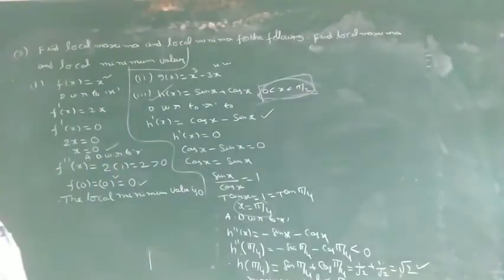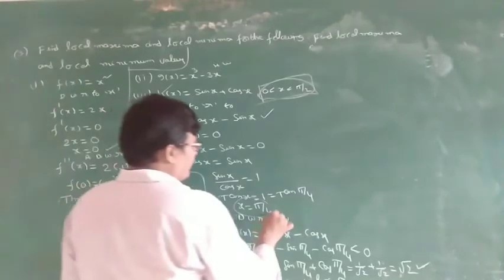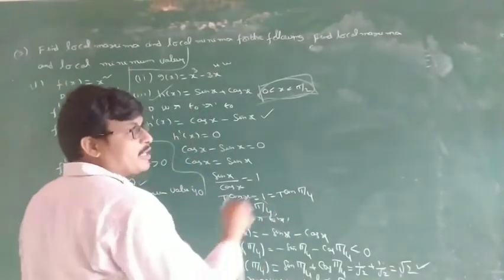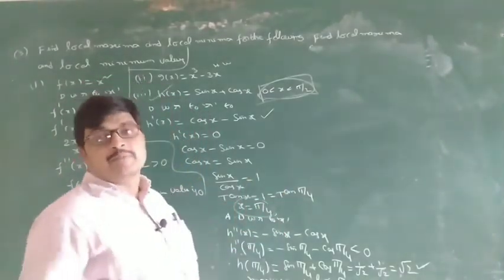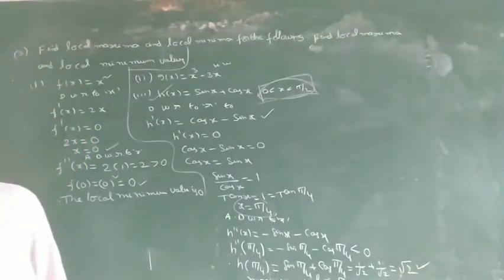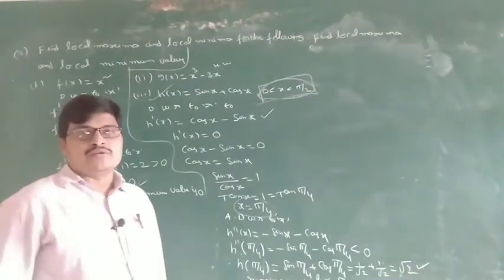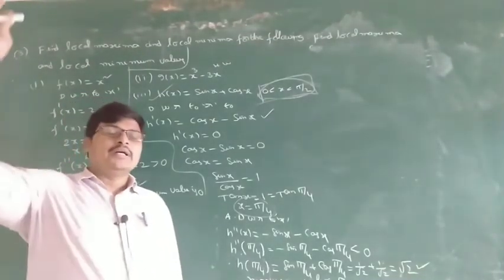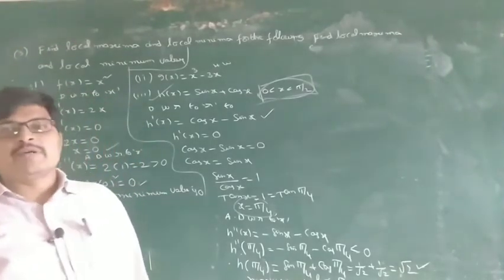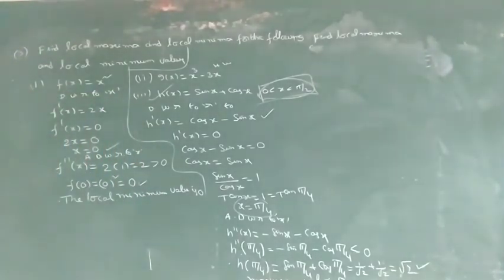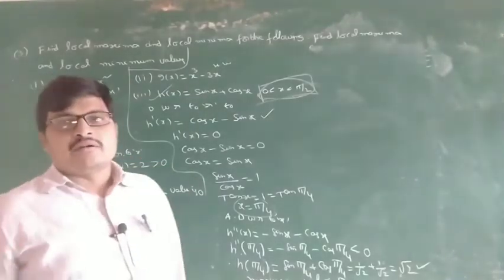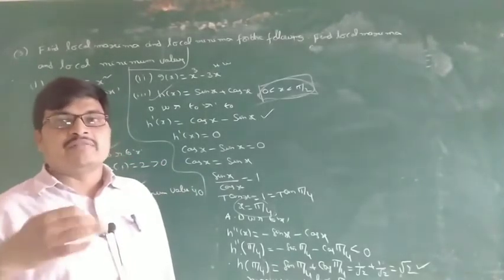If the interval is not given, then x is equal to pi by 4, pi plus pi by 4, 3 pi by 4, 5 pi by 4, and so on: 2 pi plus pi by 4, 3 pi plus pi by 4. This is not a finite set; there are infinite values.